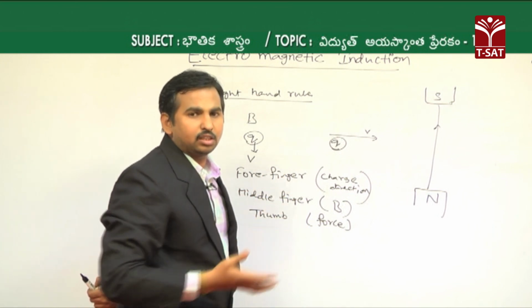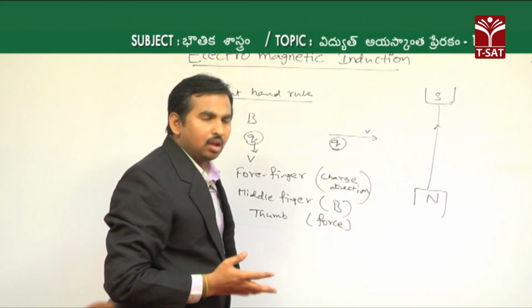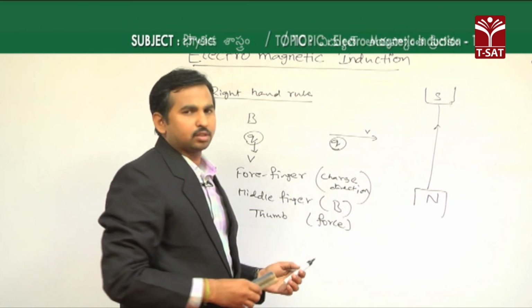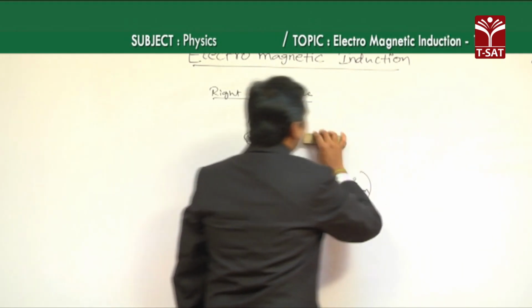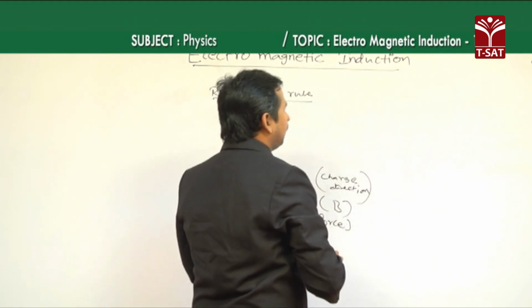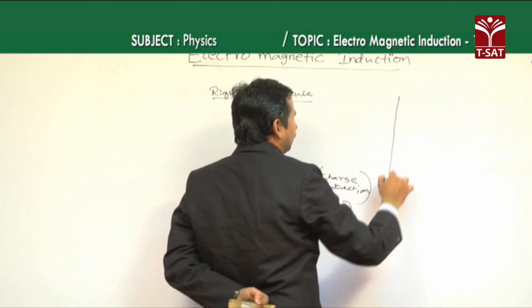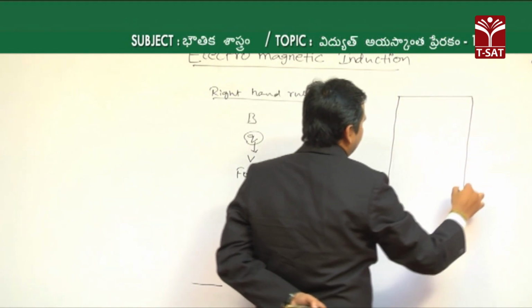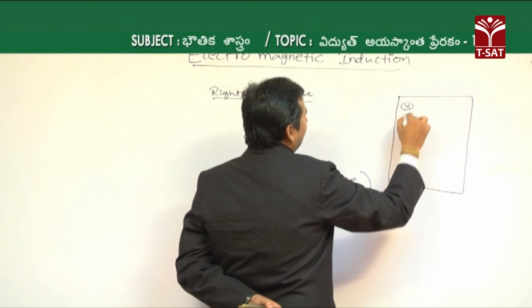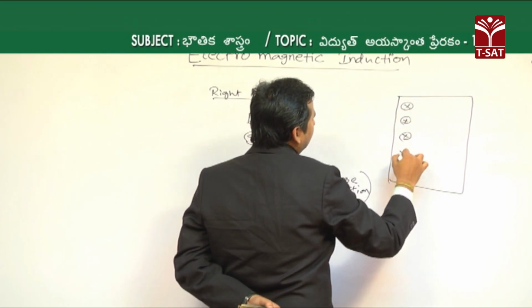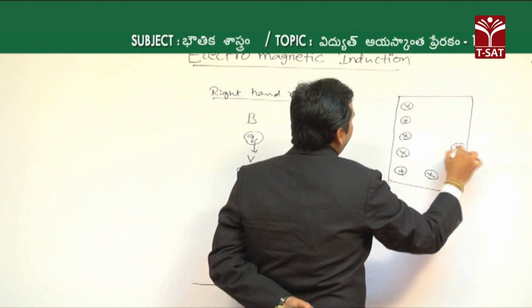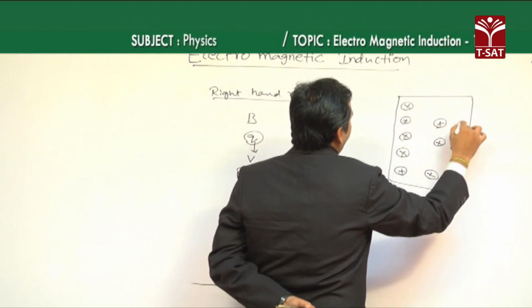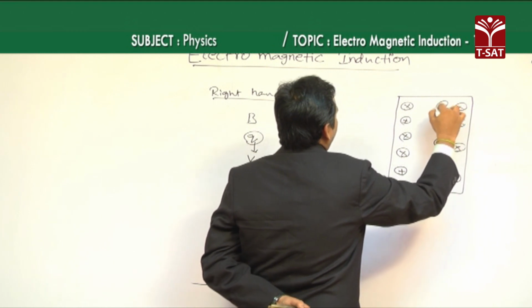Whenever you are taking a charge inside a magnetic field, or even the case of current, it is the same, as we saw in the previous example of a current carrying wire inside a magnetic field. For example, like this, here we have a plane with the magnetic field present into the plane, and we take a current carrying wire in this plane like this.